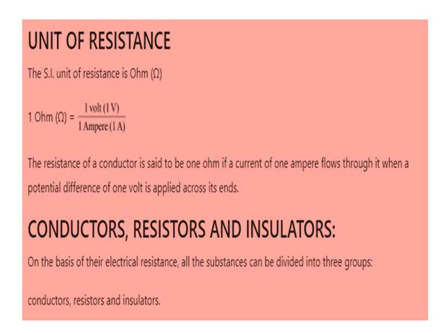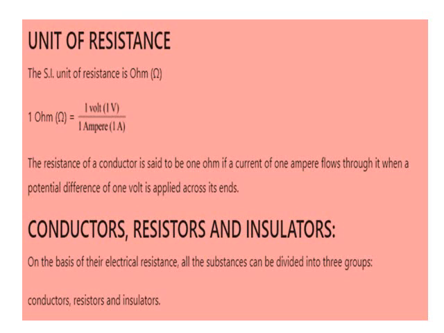Now let us see the units of resistance. The SI unit of resistance is ohm. The symbol for ohm is being given there. So how will you define 1 ohm? 1 ohm is equal to 1 volt by 1 ampere.